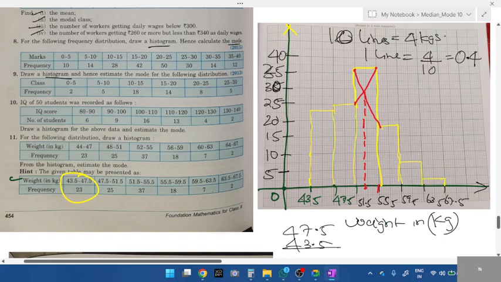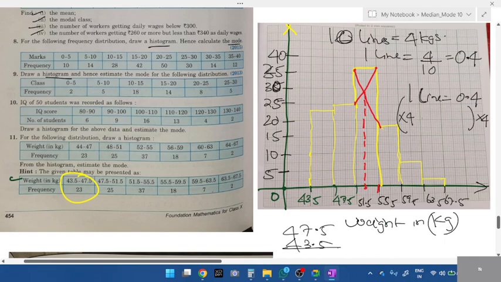1 line is 0.4. How many lines did you all get? 4 lines. Look here. 1 line is equal to 0.4. In place of 1 line, how many lines do we need? Respond, all of you. 4. How do you make this 1 into 4? With what do I have to multiply? 4. Multiply 4 on both sides. Unitary method. You did this in 7th or 8th.